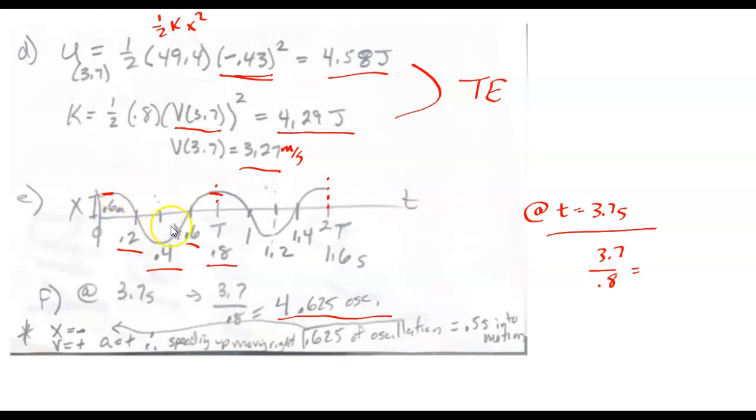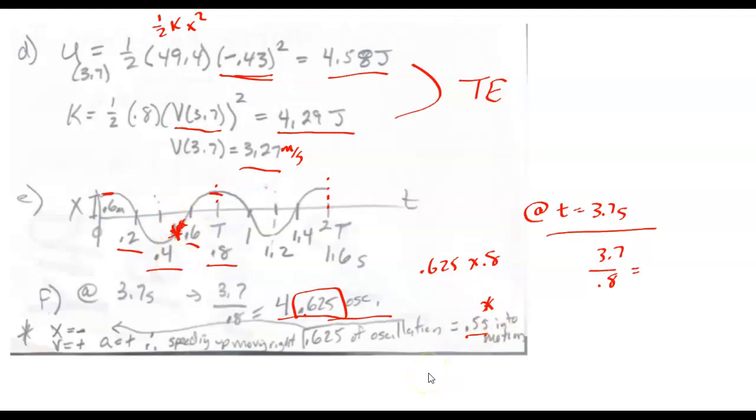We've gone 1 time, 2 times, it would repeat 3, 4, and then we're at this 0.625. That's a little bit past halfway, but not all the way to 3/4. I put an asterisk here because that's about where 0.625 of an oscillation is. 0.625 times 0.8 would be 0.5. So that is somewhere kind of in here where I put the asterisk.